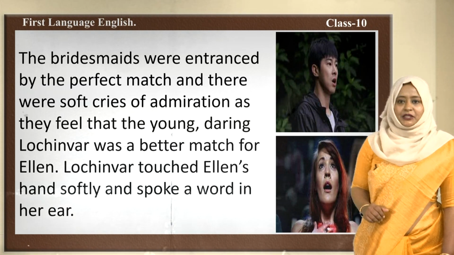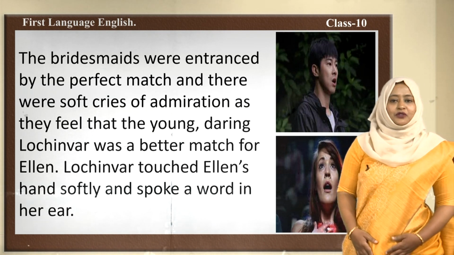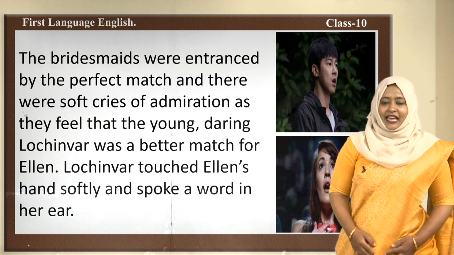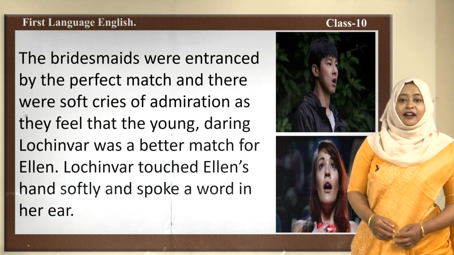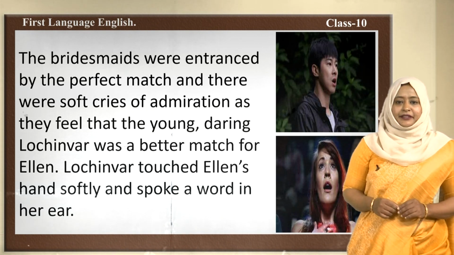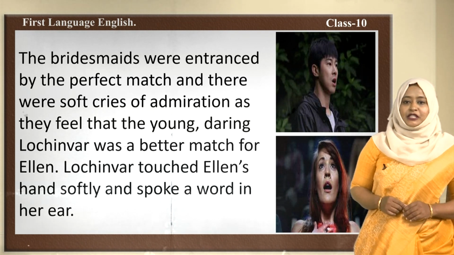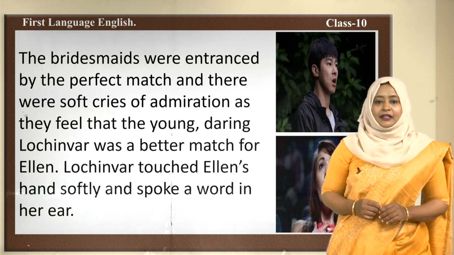The bridesmaids were entranced by the perfect match, and there were soft cries of admiration as they felt that young, daring Lochinvar was a better match for Ellen. Lochinvar touched Ellen's hand softly and spoke a word in her ear.